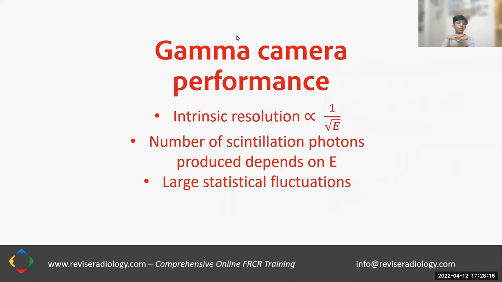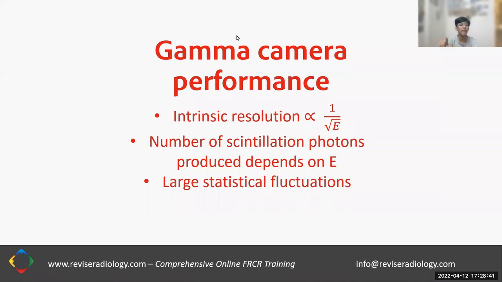So it's good to know how the energy resolution depends on the energy of the photons. This is the way that it's related: the intrinsic resolution is inversely proportional to the square root of the photon energy. If you're not sure what that means, just think about what happens when the energy increases.